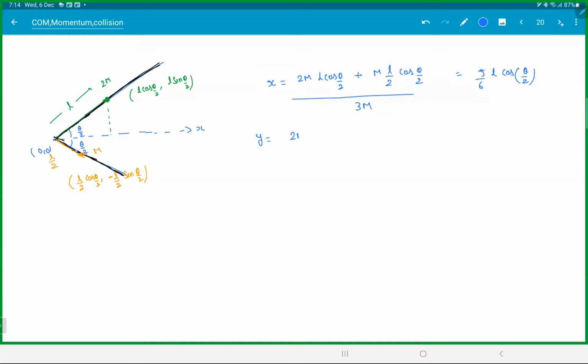The y coordinate would be 2m L sin theta by 2 plus m into minus L by 2 sin theta by 2, by 3m. That would be 2 minus half, 3 by 2. That would be L by 2 sin theta by 2. Check. 5 by 6 and L by 2. Right, Anika. Do check your answers, everyone.